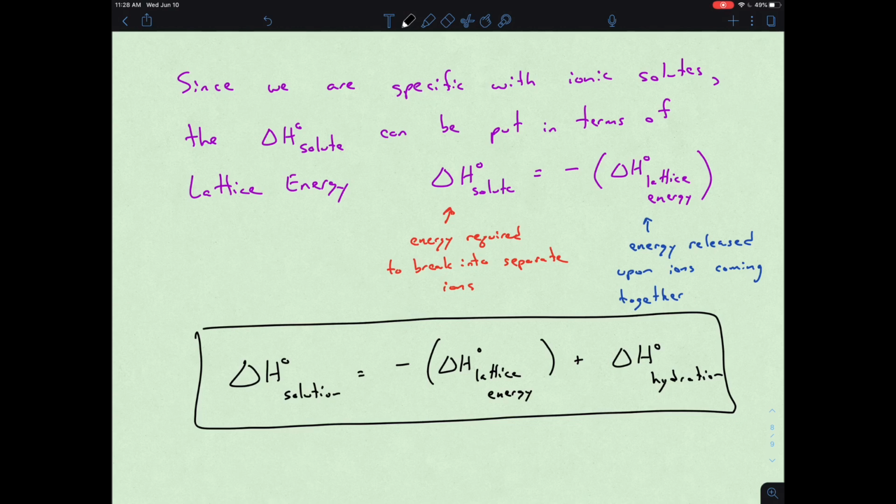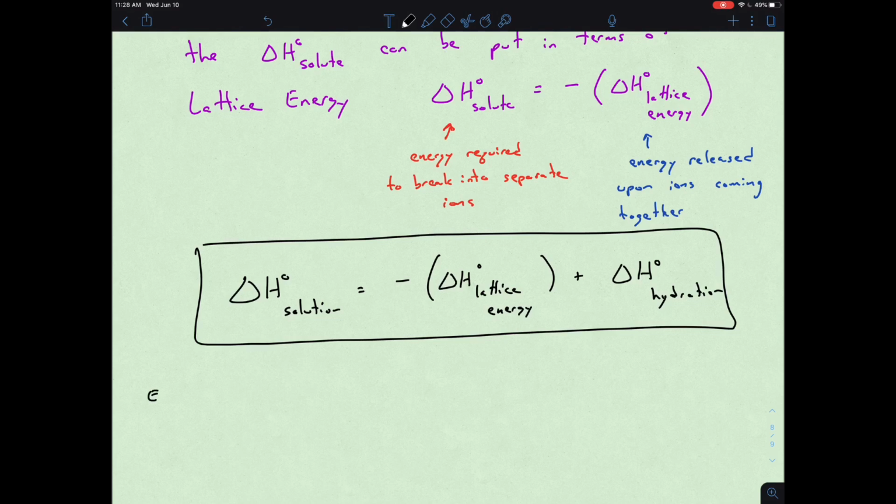So let's look at an example of this. Let's look at potassium fluoride. And so we want to calculate the enthalpy of solution for potassium fluoride. So we have potassium fluoride that's aqueous.